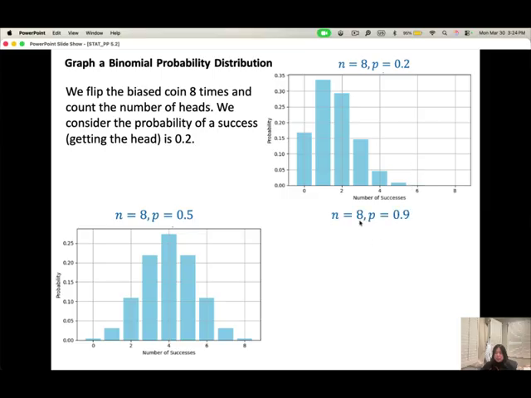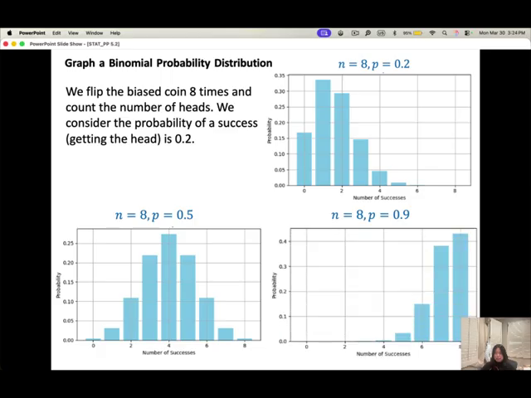If n equal to 8 and the success rate is 0.9, think about it, what would happen? What does your graph look like? It will be skewed to the left, because the left tail is longer. So by changing the probability of success, the graph of the binomial probability distribution is going to look different.